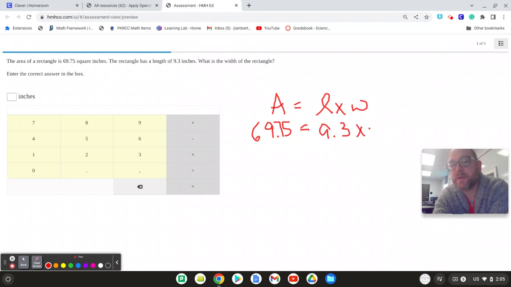So we'll say times W. Now all I have to do is figure out how to find that W. Well, I know that something times 9.3 is going to give me 69.75. And if I use what I know about multiplication and division, they are opposites. So if something times 9.3 equals 69.75, 69.75 divided by 9.3 will give me that W. So that's how I'm going to set this up.